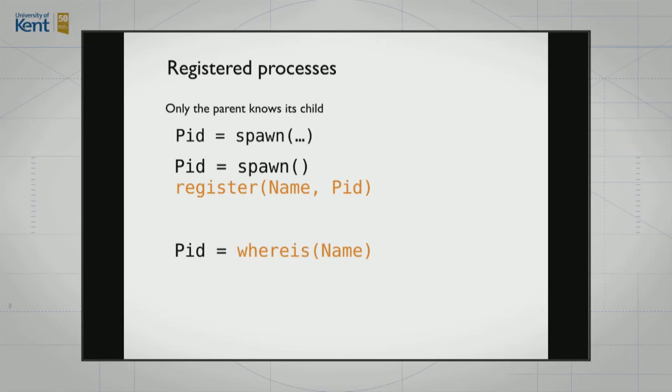And processes that want to use the file server can say, where is the file server? And they will get the process identifier, and then they can send messages to that process. So that's a kind of analogy of the DNS resolver principle that's used in the internet. We register names with DNS, and then a resolver goes and looks up those names, and then once we know where the thing is, we can access the service that's involved.